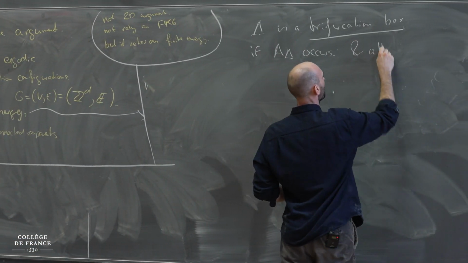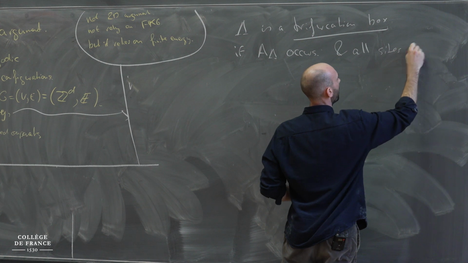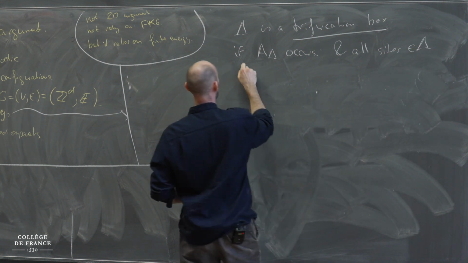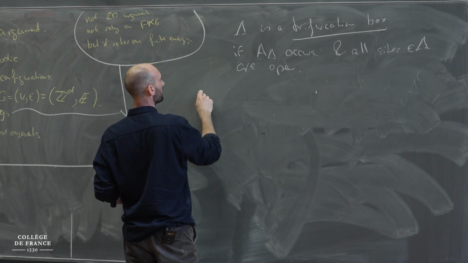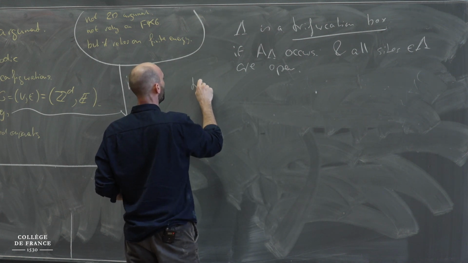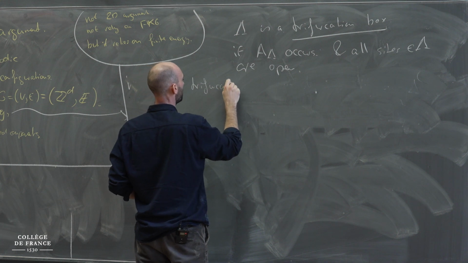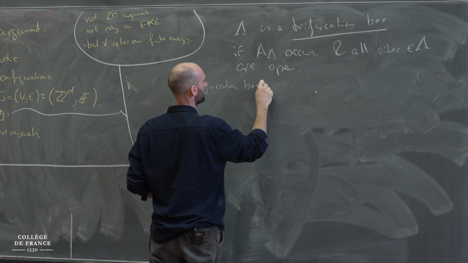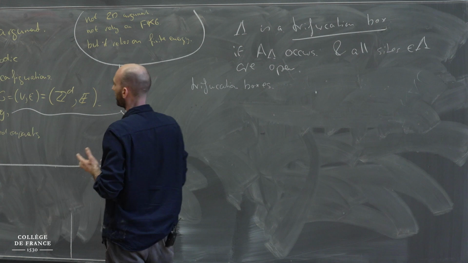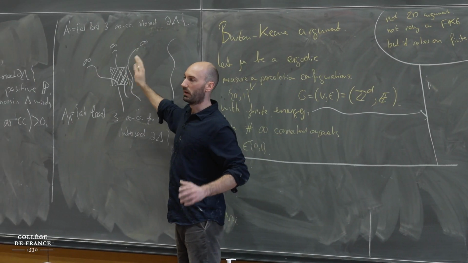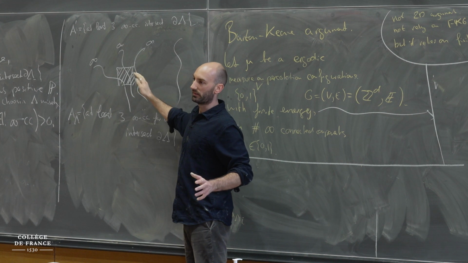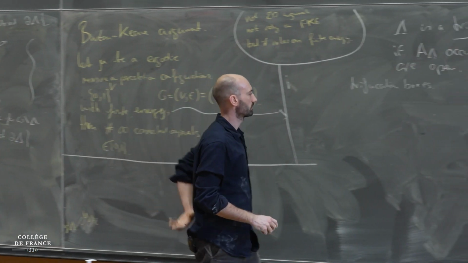And all sites which belong to lambda are open. Now, we know that trifurcation boxes exist. That means they occur with a positive probability by assumption, right? So we assumed that we have those three infinite components. We chose lambda big, we have finite energy, so this occurs.